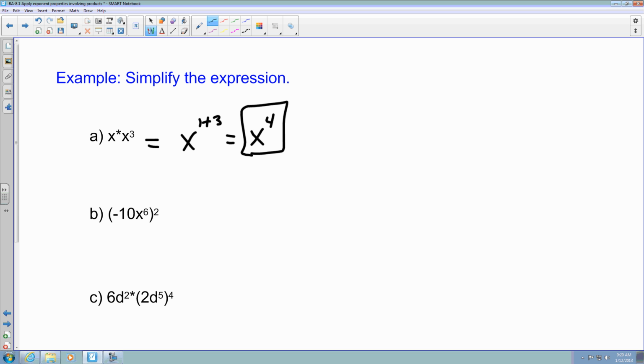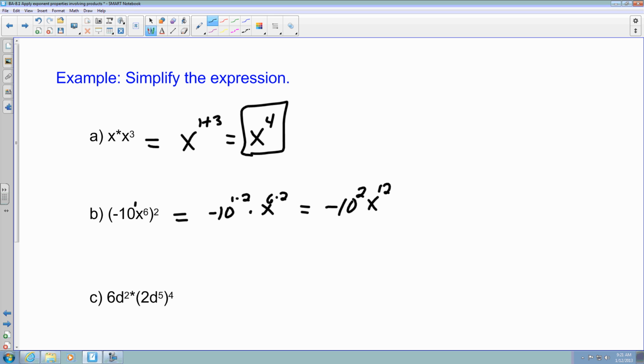For b, we have to remember we're going to use the power of a power property, which means that this could equal negative 10 to the 1 times 2, because this is like negative 10 to the first power, times x to the 6 times 2 power, which then equals negative 10 to the second times x to the 12th.